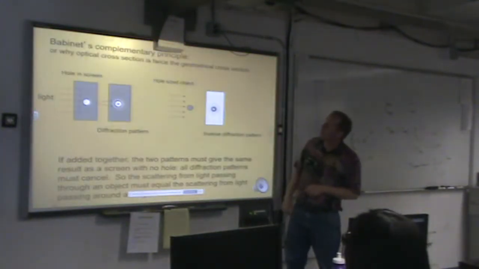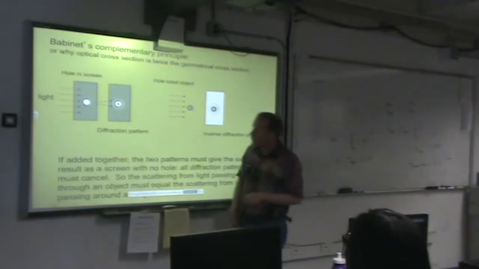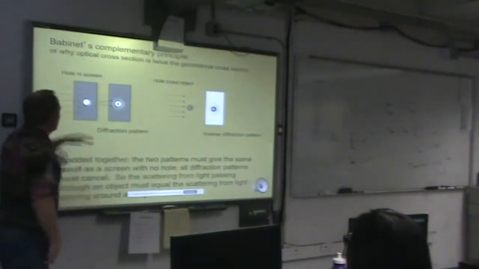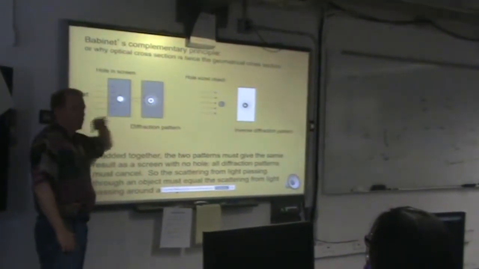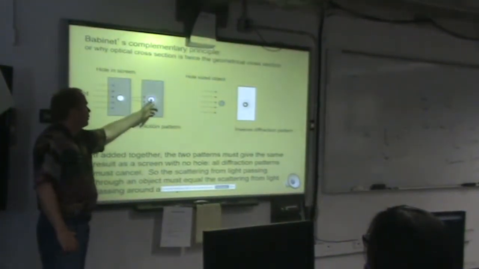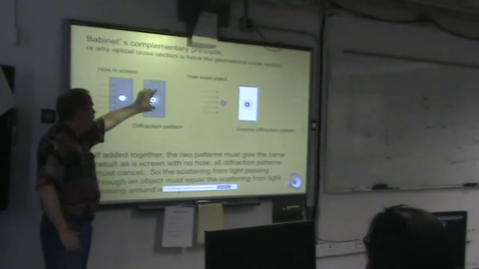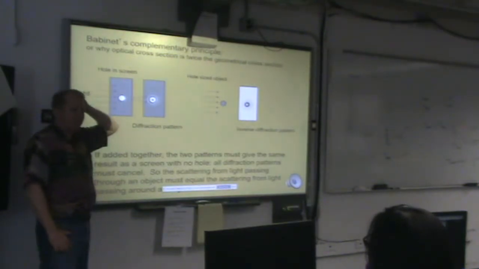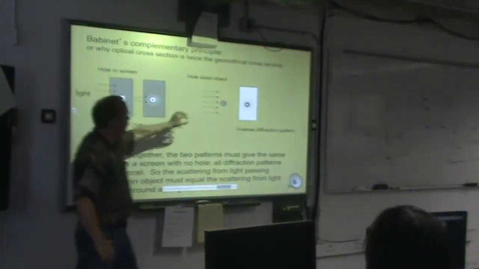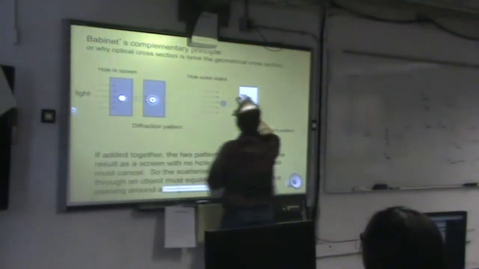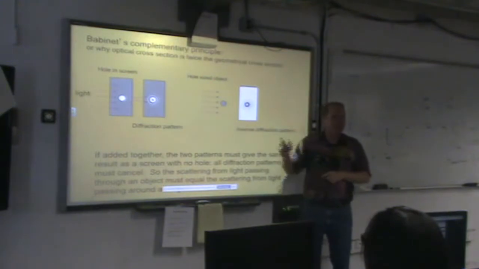But to see where we get the factor of 2 from, if I take a screen, I put a little hole in the screen, you actually get a diffraction pattern there. Not only do you get the circle of light, you get waves going around it. Okay? Now, if I take that little hole I cut out and I send light through there, I also get a diffraction pattern around it.